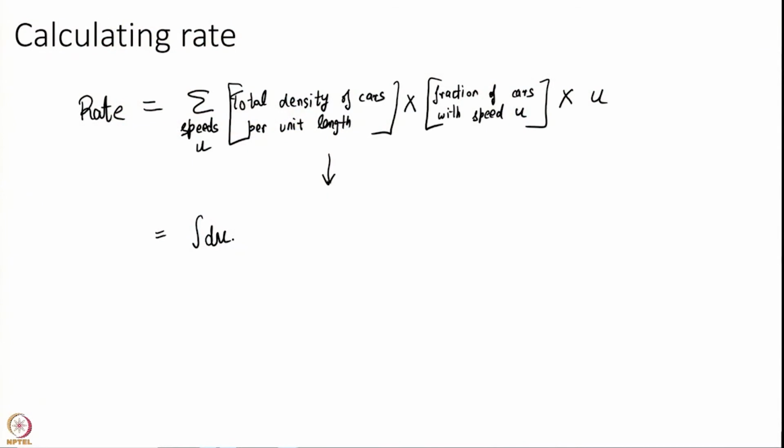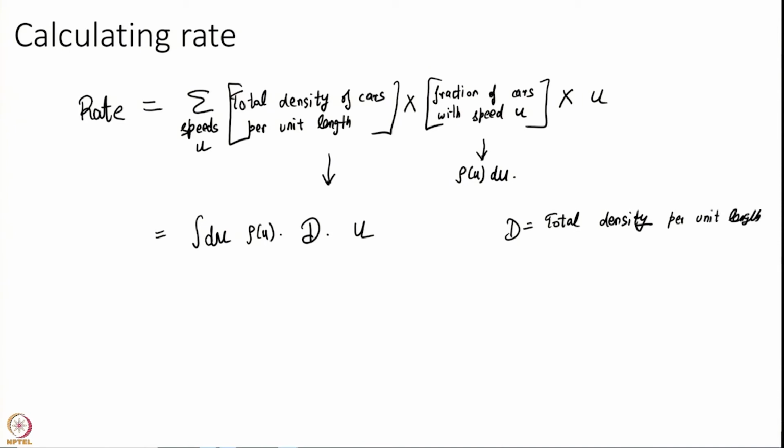So, the fraction gets replaced by some density times density times u, where d is the total density per unit length, and rho of u du is the fraction of cars at speed u.